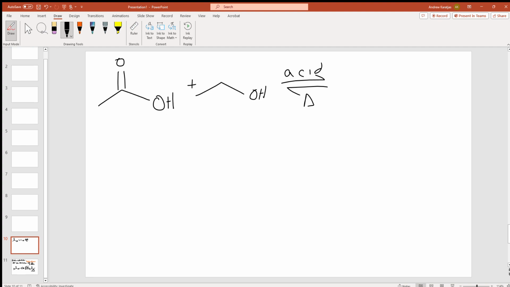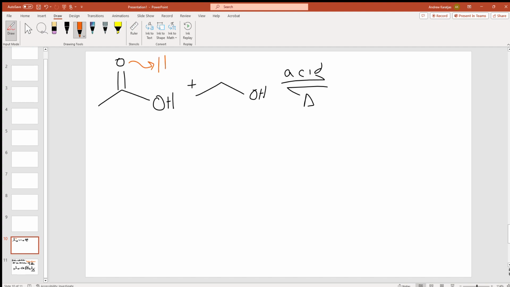And the hydrolysis of esters, if you do it under acidic conditions, happens under the exact same conditions. So that means we've got to pay a lot of attention to equilibrium in this reaction. But before we do that, we're going to look at our mechanism.